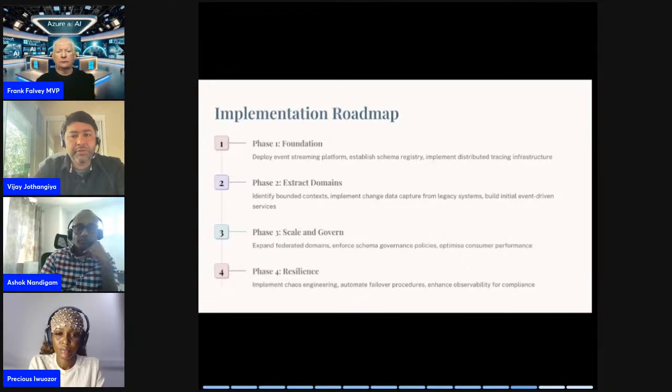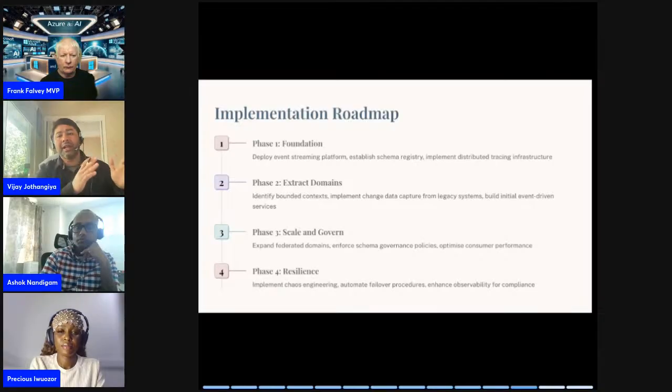Let me walk you through the implementation roadmap. A practical implementation roadmap typically includes 4 phases, which I call out: foundation, extract domain, scale and governance, and resilience. In foundation, we need to deploy the event streaming platform, establish a schema registry, and implement distributed tracing, so that you can track end-to-end flow, in a sequential model or in a parallel model at the same time.